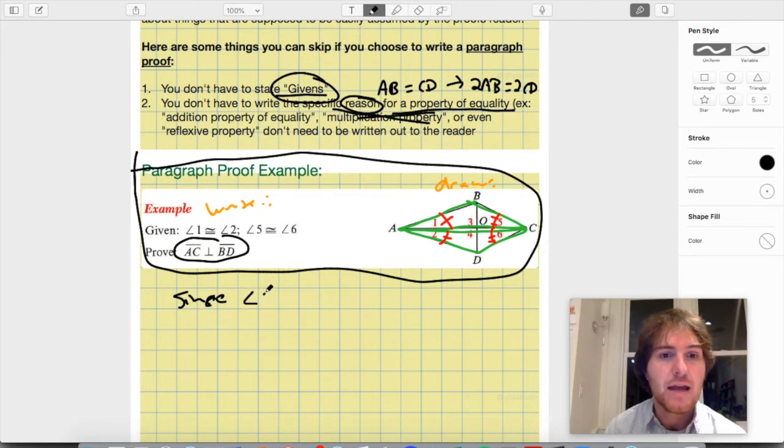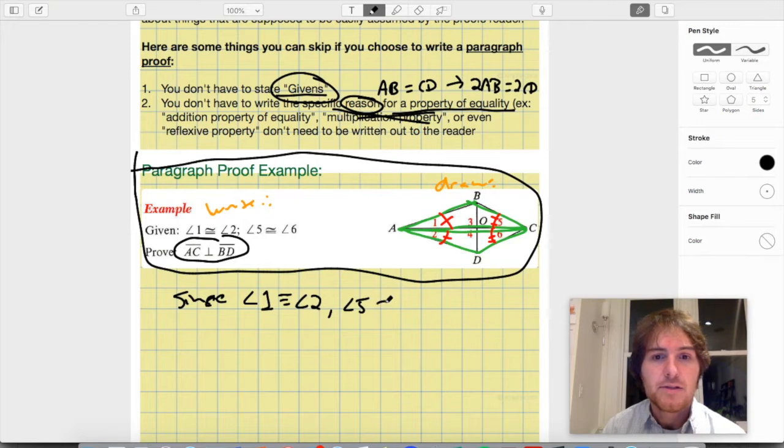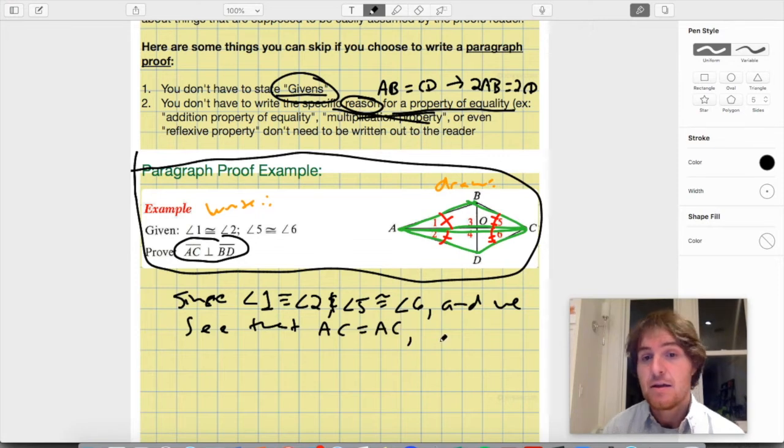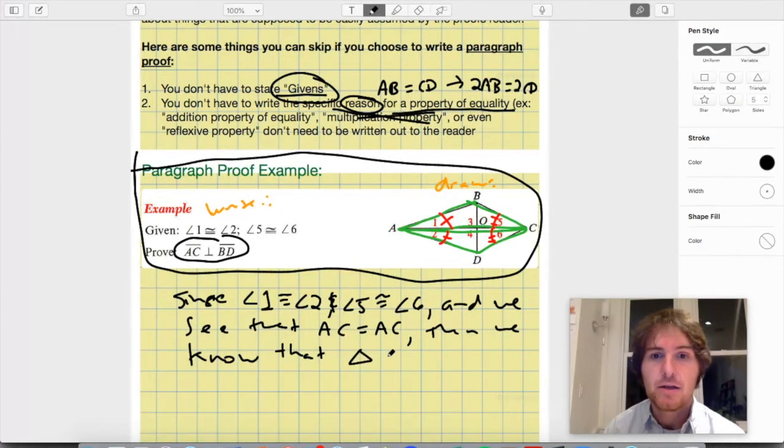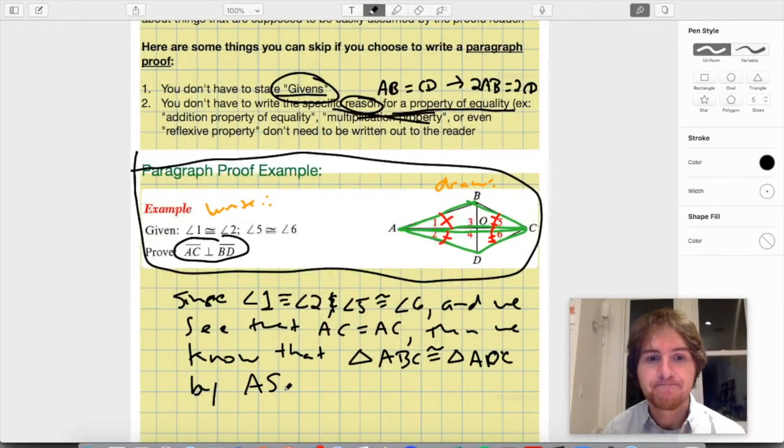But since we know that angle 1 is congruent to angle 2, and angle 5 is congruent to angle 6, and we see that AC equals AC, then we know that triangle ABC is congruent to triangle ADC by ASA.